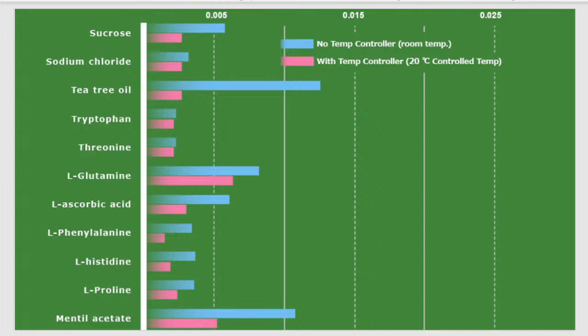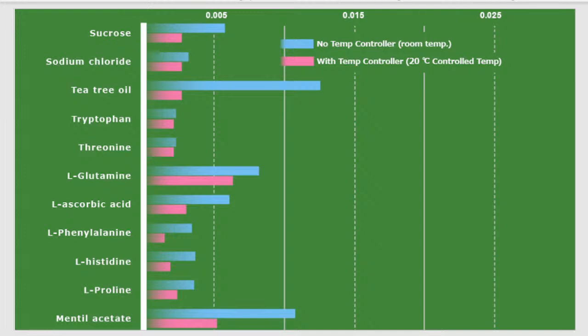Obviously, this study was made with a controlled room temperature of 20, but even a controlled room temperature is not as accurate as controlling the temperature of your substance. So the blue bar is no temperature control is used, it's just a temperature-controlled room, and the pink is with temperature control.